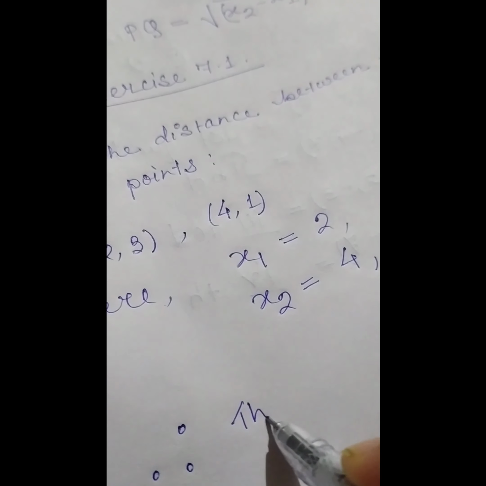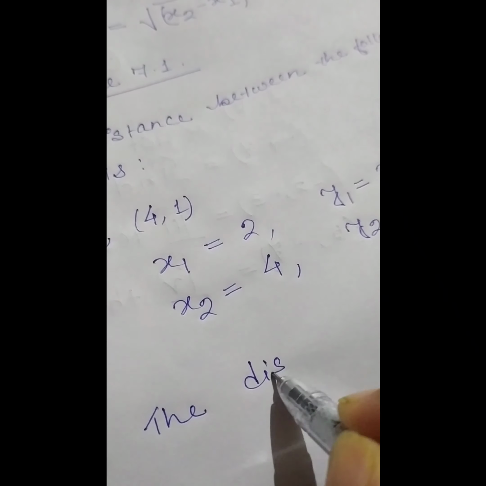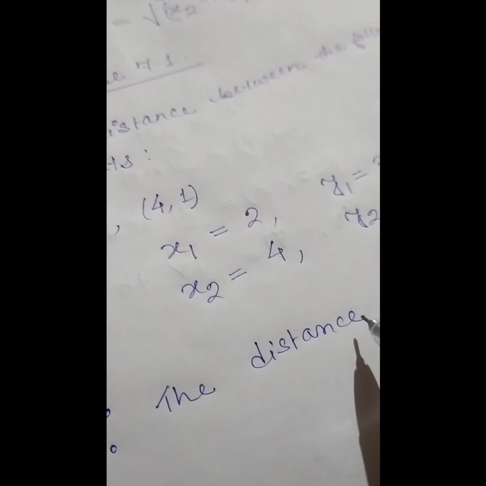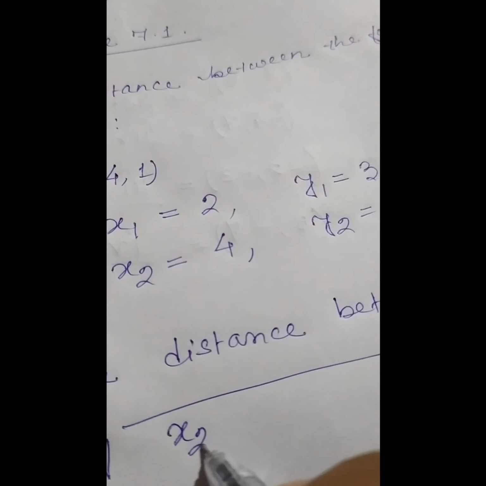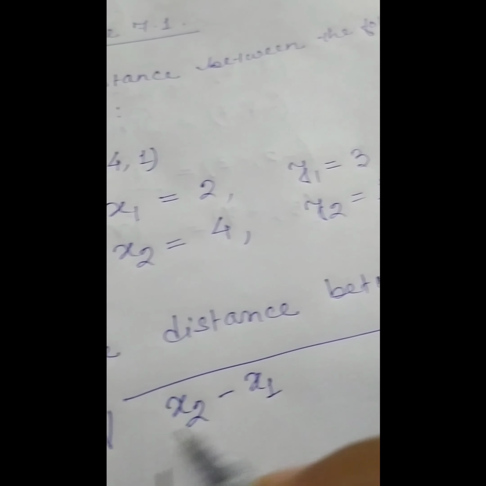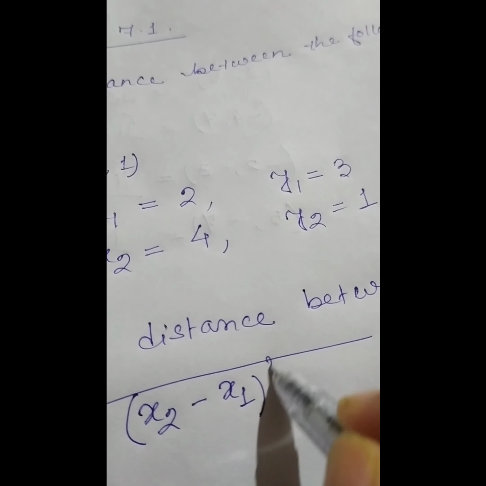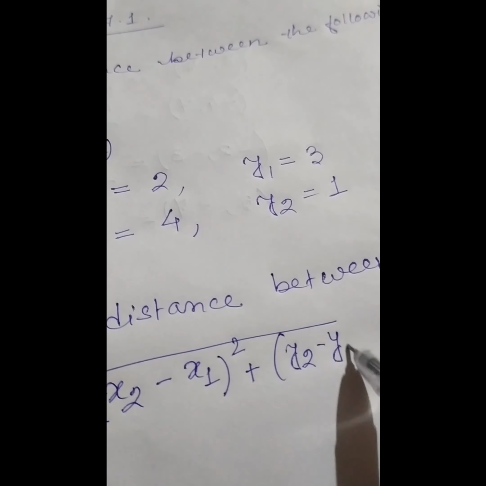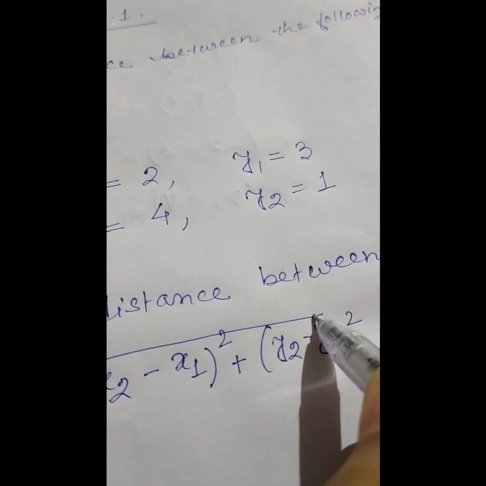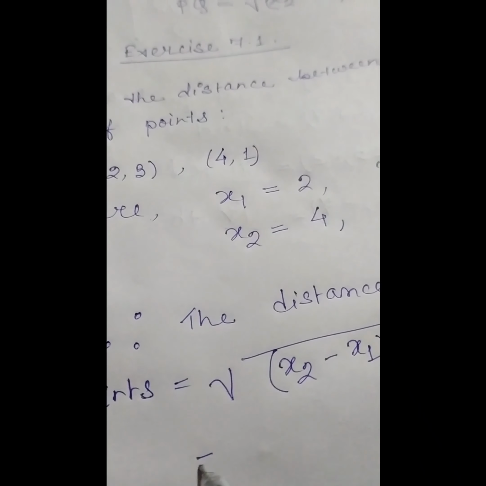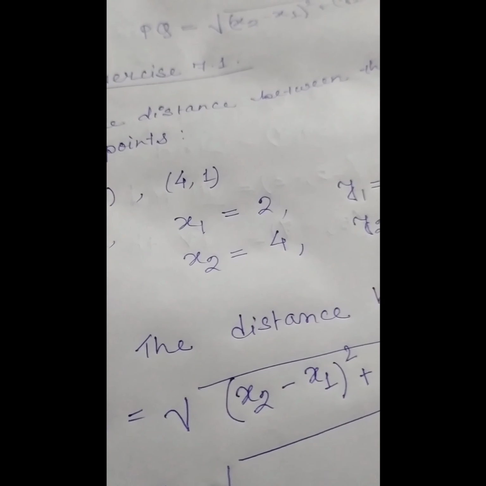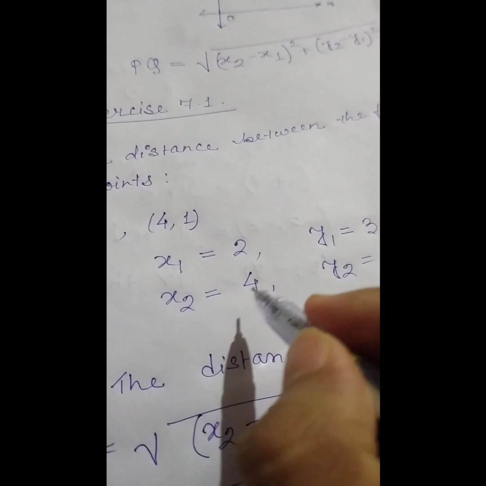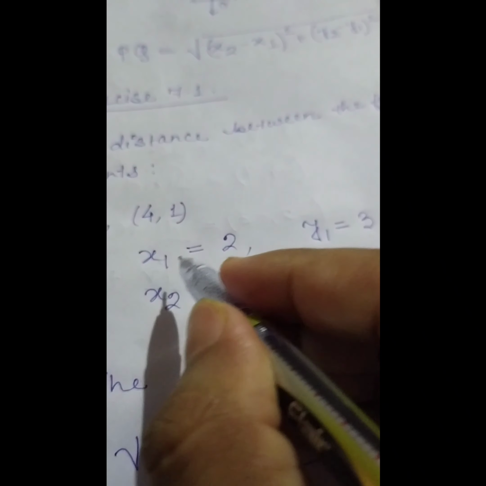Therefore, the distance between the points is equal to the square root of (x2 minus x1) whole squared plus (y2 minus y1) whole squared. When you substitute the values, x2 here is 4 and x1 is 2.